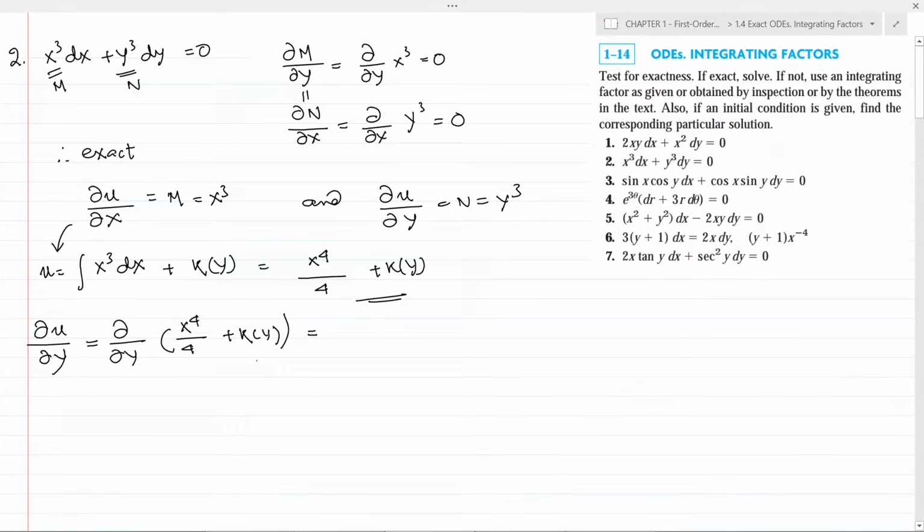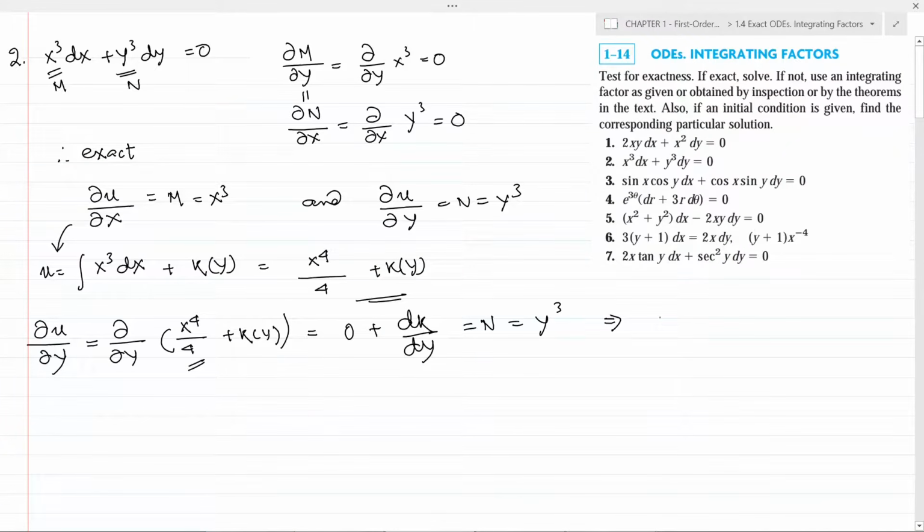This first term is only an x term, so its partial derivative with respect to y will be 0. So this is equal to 0 plus dk by dy, because k is only dependent on y. And now we know that this del u by del y equal to n, which is equal to y cube.